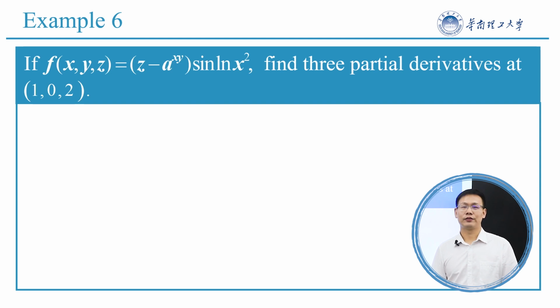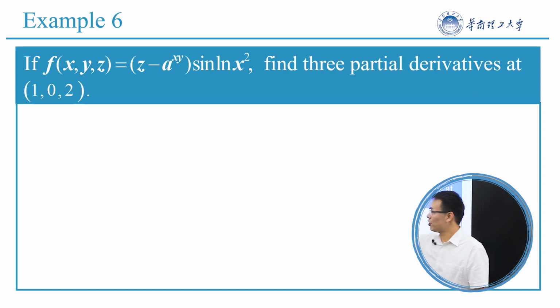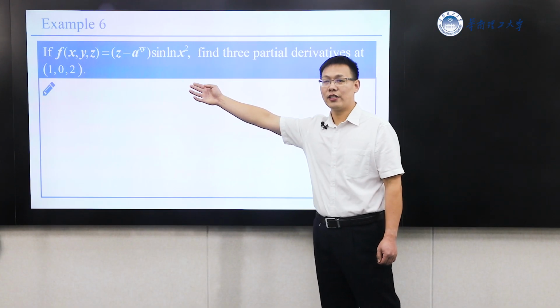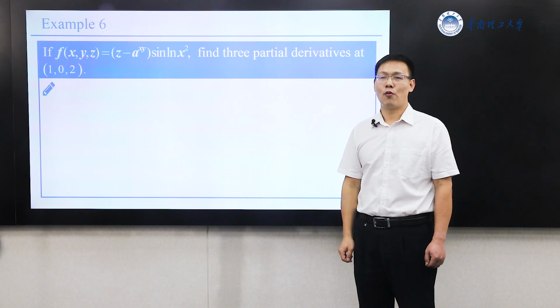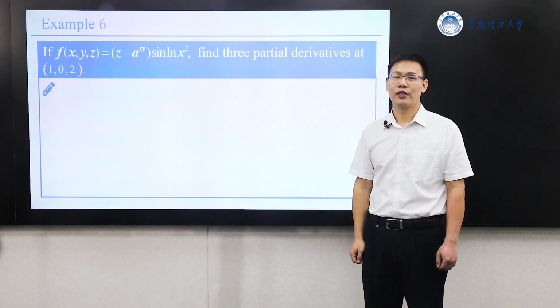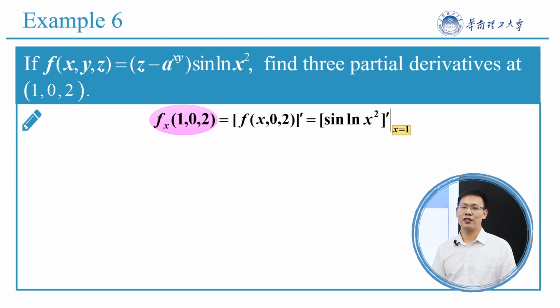Example 6. If f(x,y,z) has the expression, find the 3 partial derivatives at 1, 0, 2. In order to find the partial derivative with respect to x at points 1, 0, 2, we fix y at 0, z at 2 respectively.